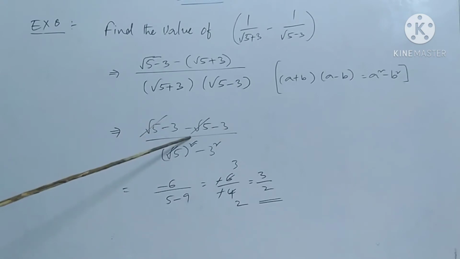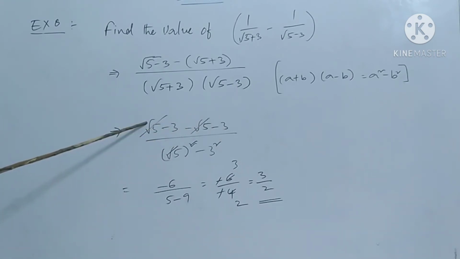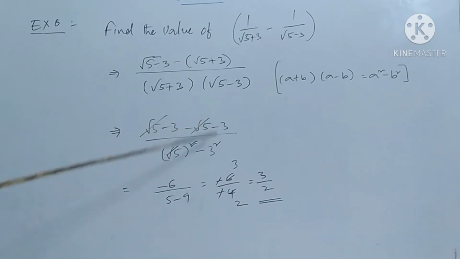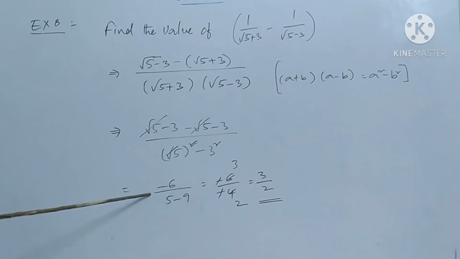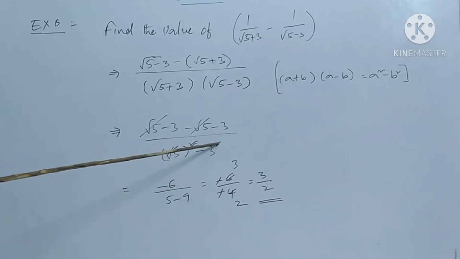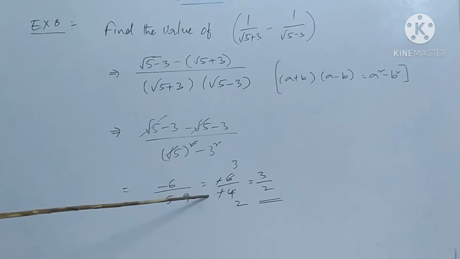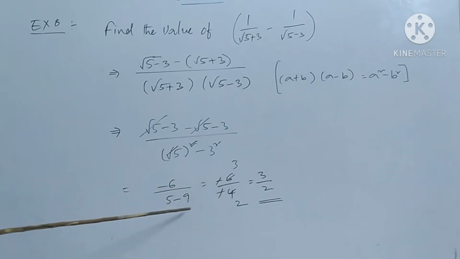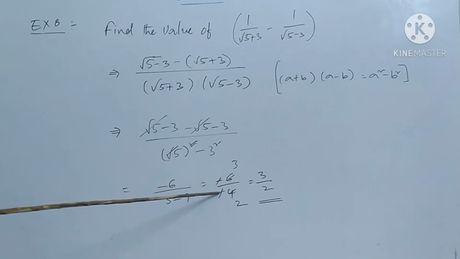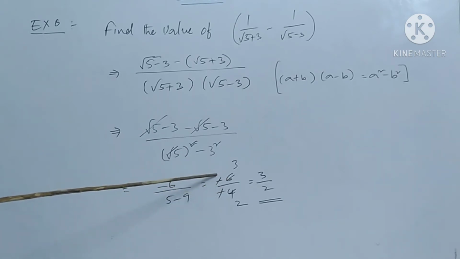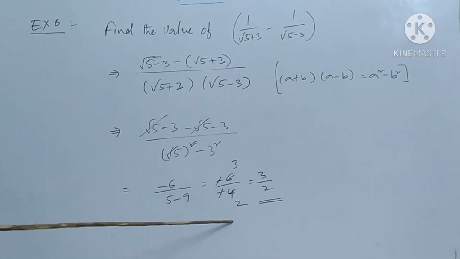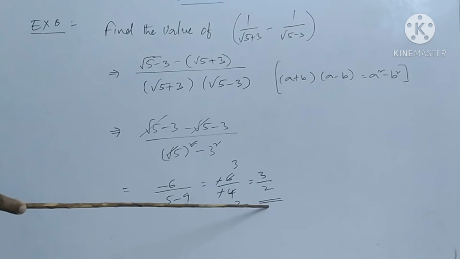Here plus root 5 minus root 5 in the numerator cancel. That is equal to minus 3 minus 3, minus 6 by 5 minus 3 3s are 9. So that is equal to minus 6 by, here plus 5 minus 9 is minus 4. Minus minus cancel. 2 3s are 6, 2 2s are 4. That is equal to 3 by 2. This is the final answer.